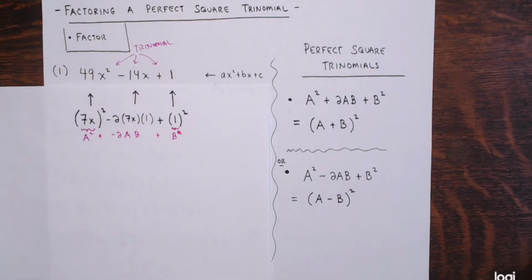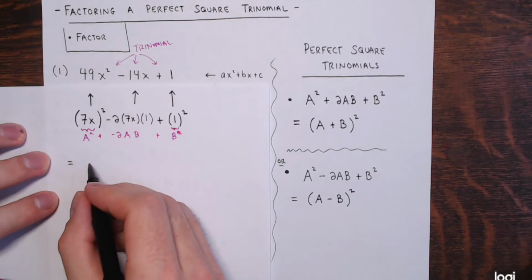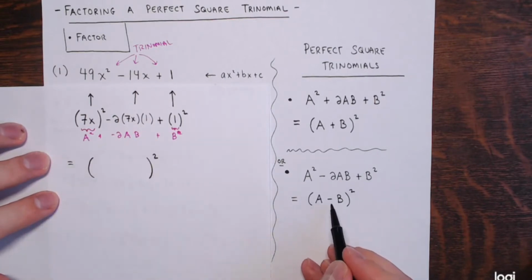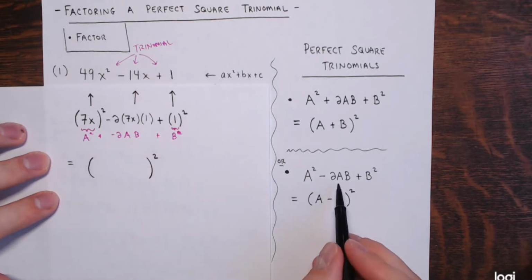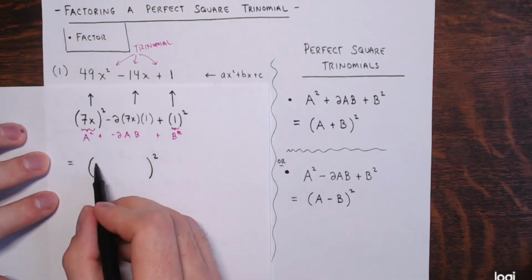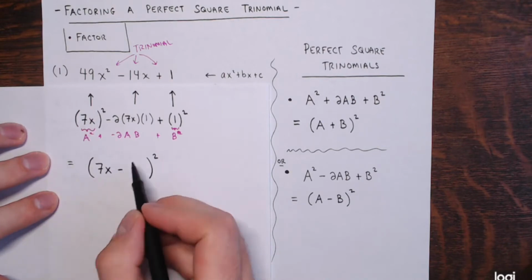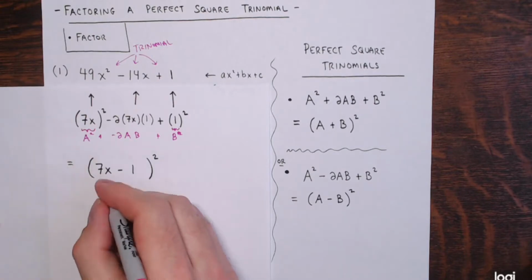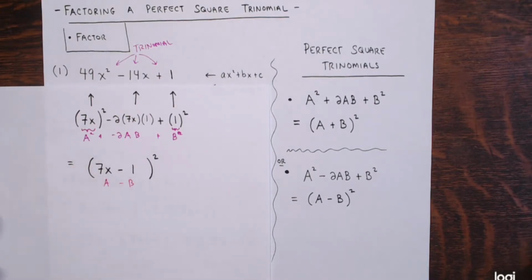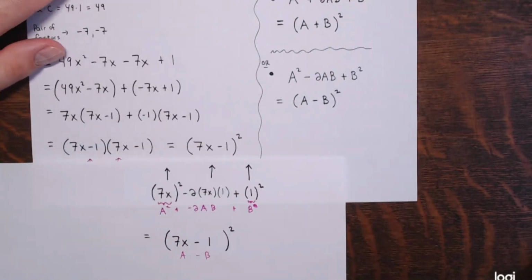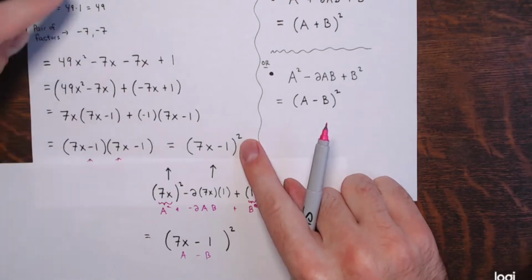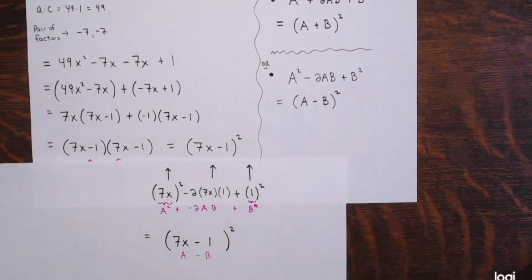This polynomial is a perfect square trinomial, and so I should be able to factor it easily to a minus b, with 7x as a and 1 as b, so a minus b squared, which is exactly what I got earlier. I got the quantity 7x minus 1 squared when factoring with the grouping method earlier.